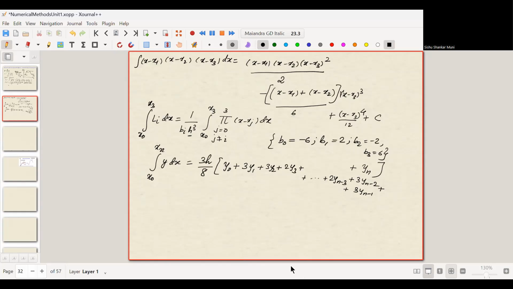See, pick a term which is divisible by 3, y3. Is it correct? So are you seeing the match between the theory and the code?